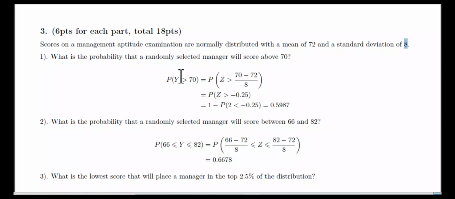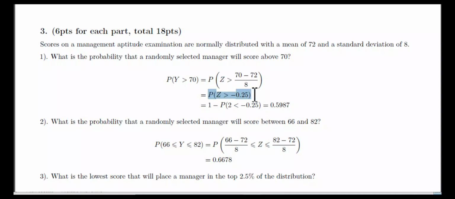So we want to get the probability for y greater than 70, and then we use the transformation, transform the y into z. Z here is a standard normal. Accordingly, 70 has to be converted into a standard z-score also, minus 72 divided by 8.